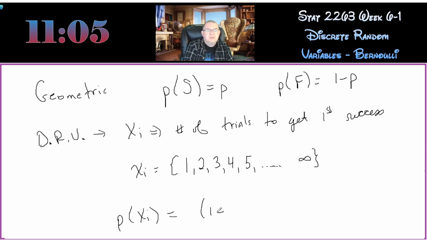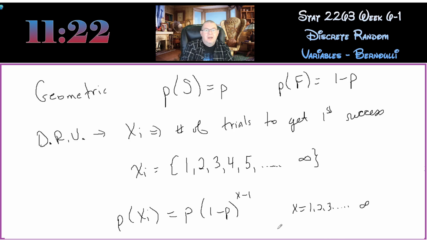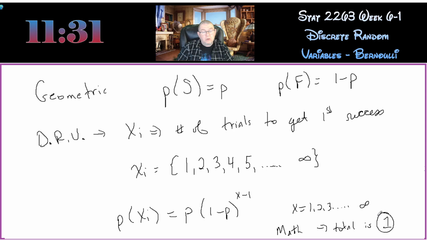And so it turns out that the formula for the geometric distribution is always p times (1 minus p) to the x minus 1, where x equals 1, 2, 3, and so on to infinity. And math does prove that the total is 1. Math can very easily prove that the total of this entire sum of infinite numbers happens to be 1, which is one of our basic rules of probability.